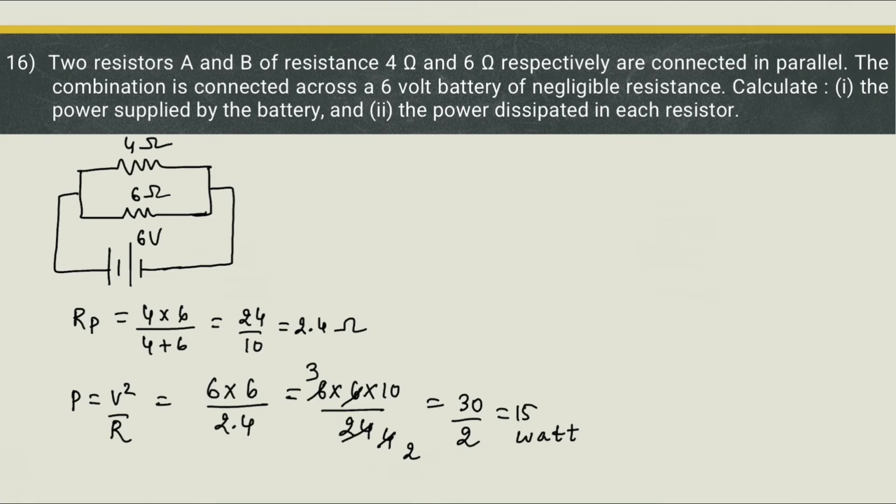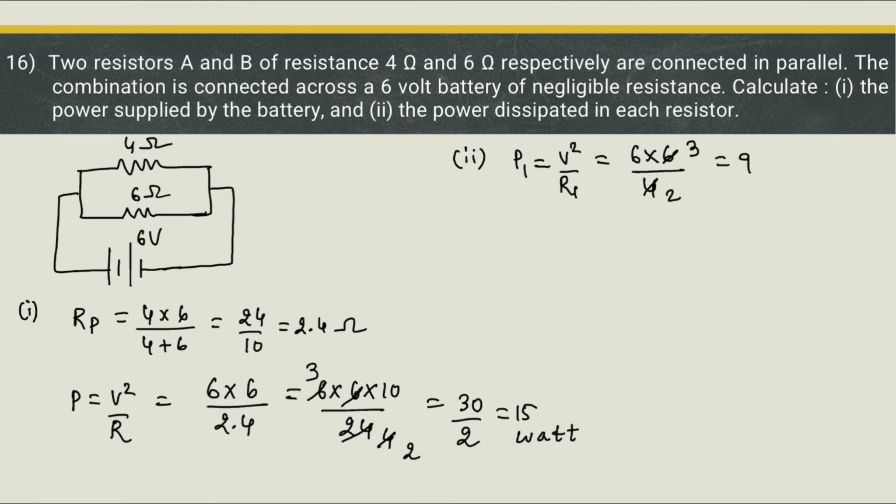And then we want to find out power dissipated in each resistor. So once again we can use the same formula for bulb 1 or for resistor 1. P1 is equal to V square upon R1. V is same as the battery voltage, 6 into 6 upon R1 is, let's say, 4 ohm.